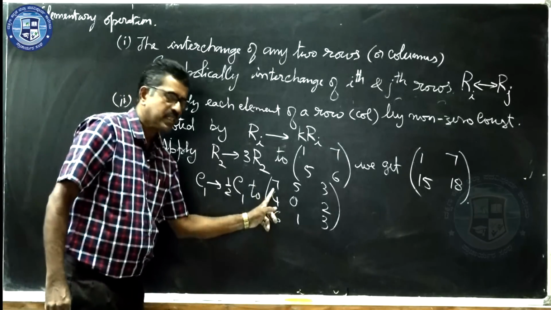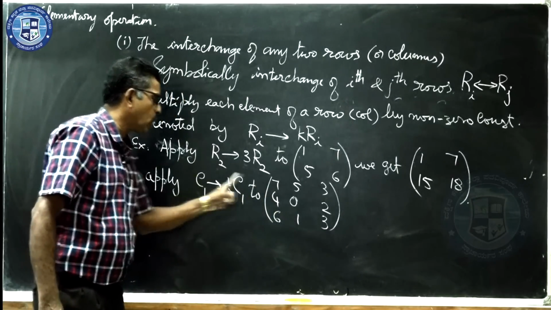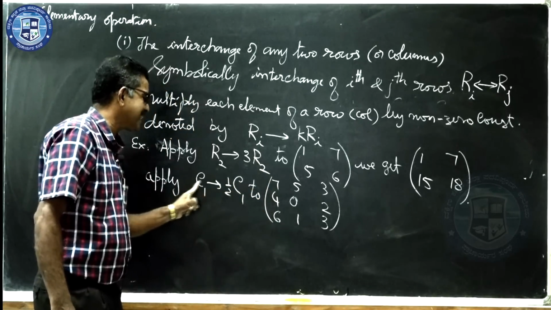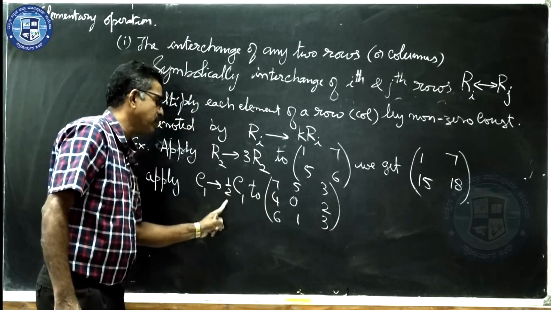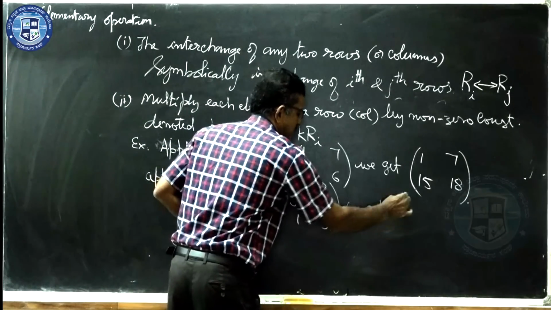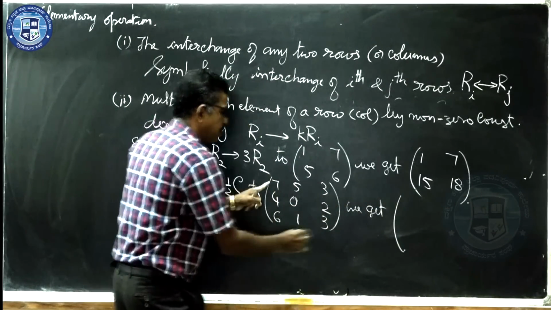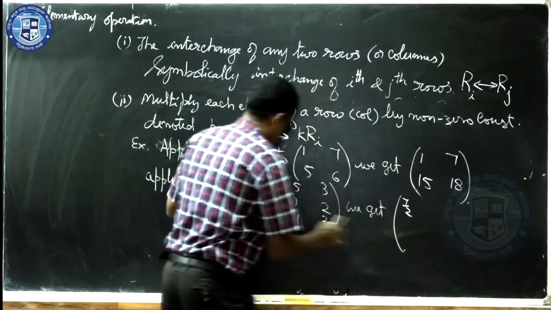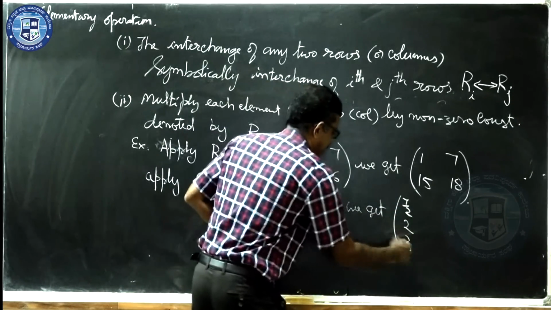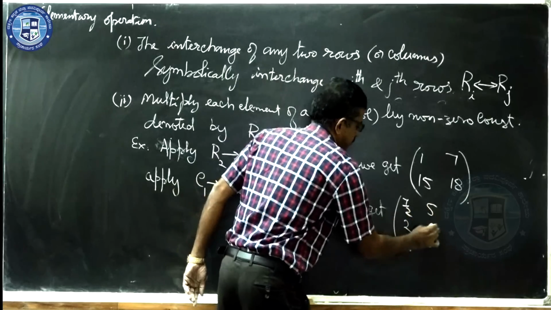Here, to this matrix, I need to apply it to the first column. This is the first column. We need to multiply each element of the first column by 1 by 2. Therefore, the first column multiplied by 1/2 gives 7 by 2, then 4 by 2, which is 2, 6 by 2 will be 3, no changes in the remaining columns.